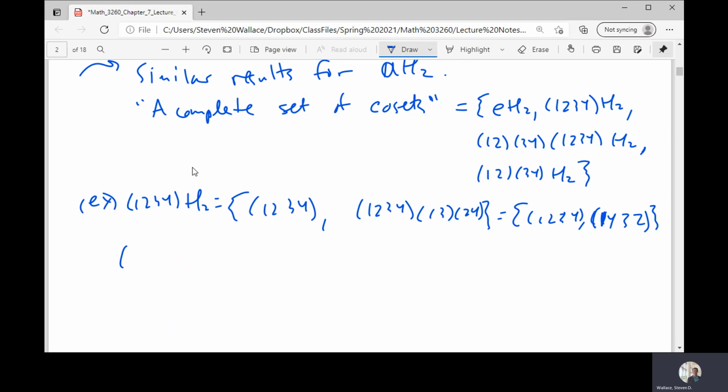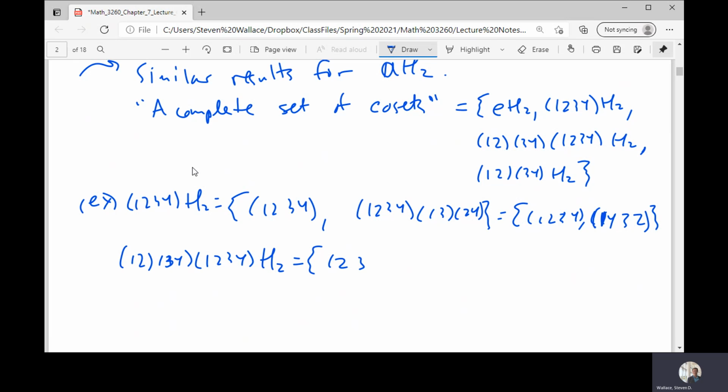So we're just going to spot check here. So this guy here, if we write it out as 1 goes to 2, which goes back to 1, okay. 2 goes to 3, which goes to 4. 3 goes to 4, which goes to 3.